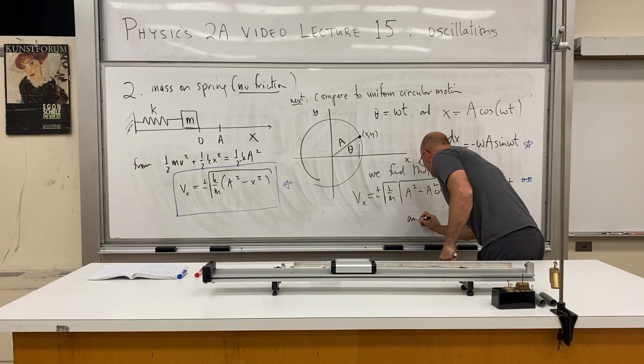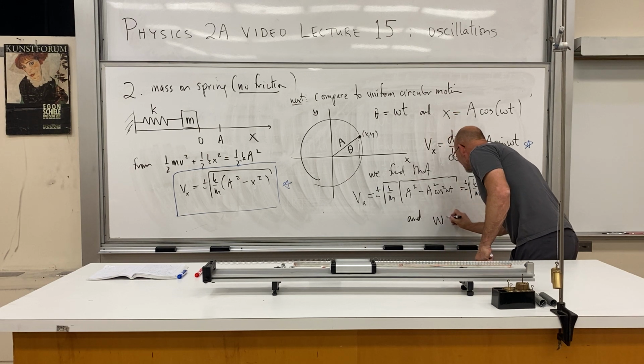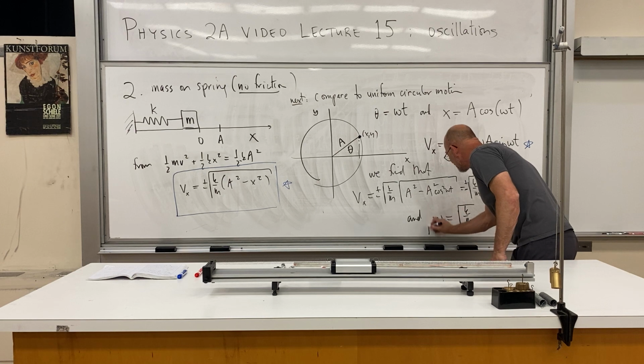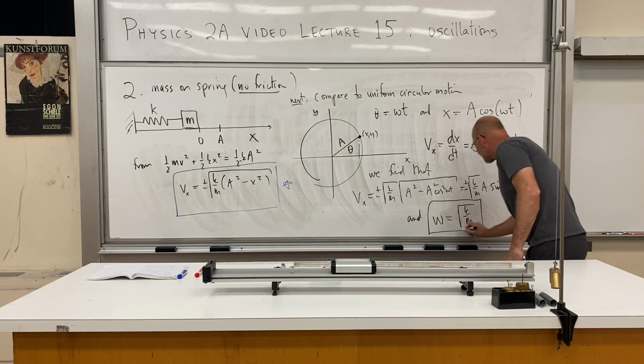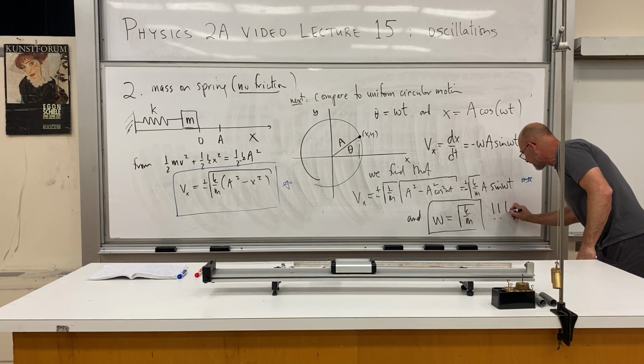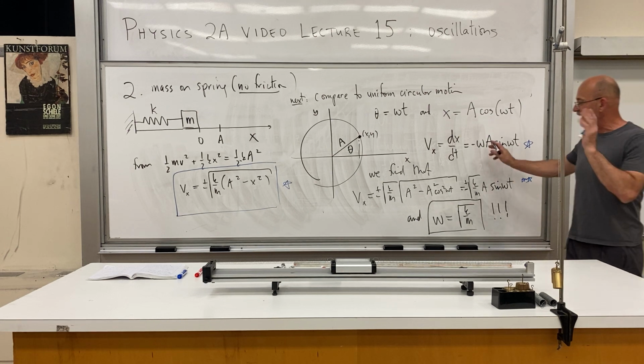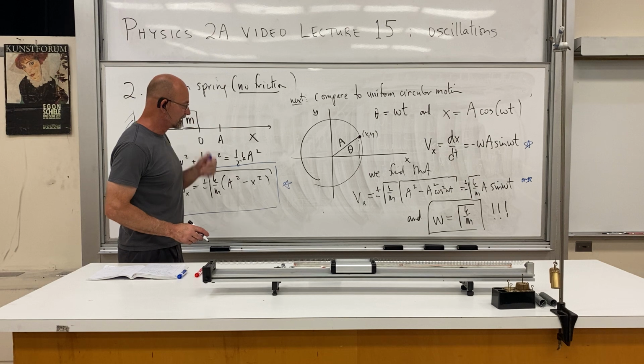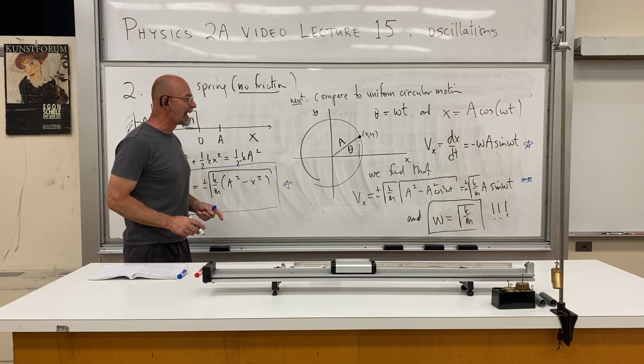So omega is equal to root k over m. Put a box around that, a couple exclamation points for you. That's the important result. That's why we came here today. So we have that frequency in terms of the spring constant and the mass.